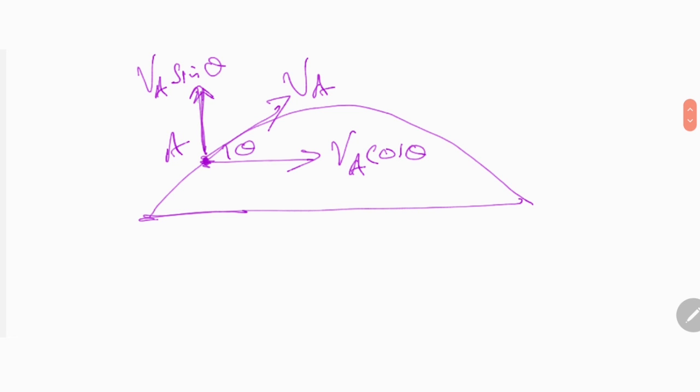The velocity in the y direction will keep changing because the object is continuously experiencing a force of mg, whereas the velocity of the object at any point in the x-axis will be the same. Please understand this concept, and we will do some derivations in the next class, and that will further firm up your idea on projectiles.